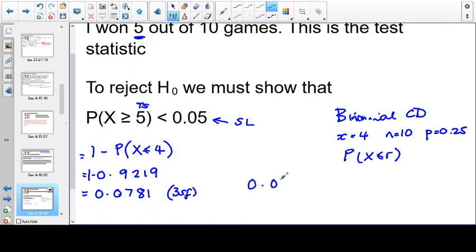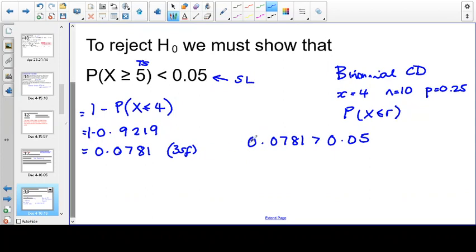Because that is bigger than 0.05, we fail to reject the null hypothesis.